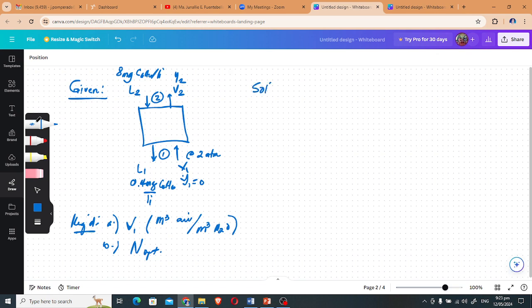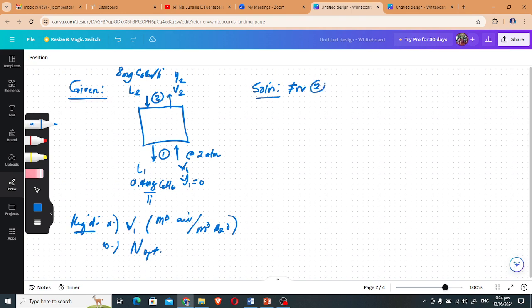So let's go to the solution. If you notice, our concentrations are in mass per unit volume, so there's a need for us to convert it to moles, because when we speak of gas absorption and stripping processes, our concentration should be in mole fractions, and as such this will not work initially, so there has to be a conversion.